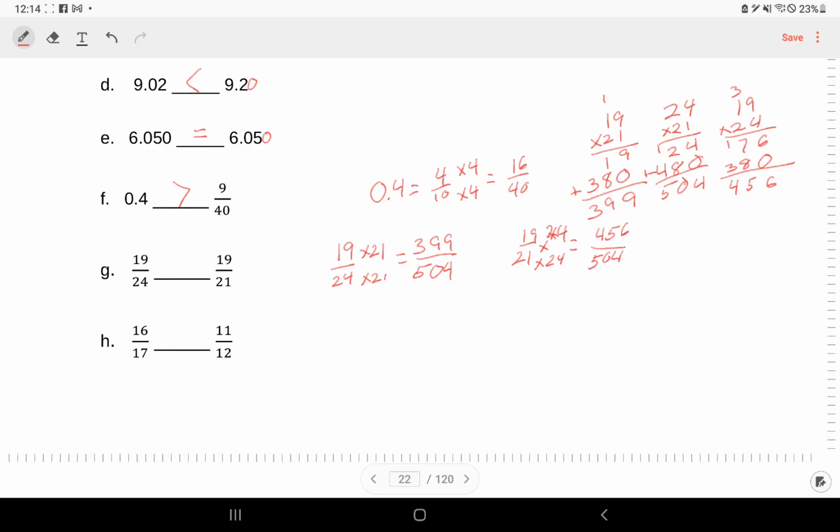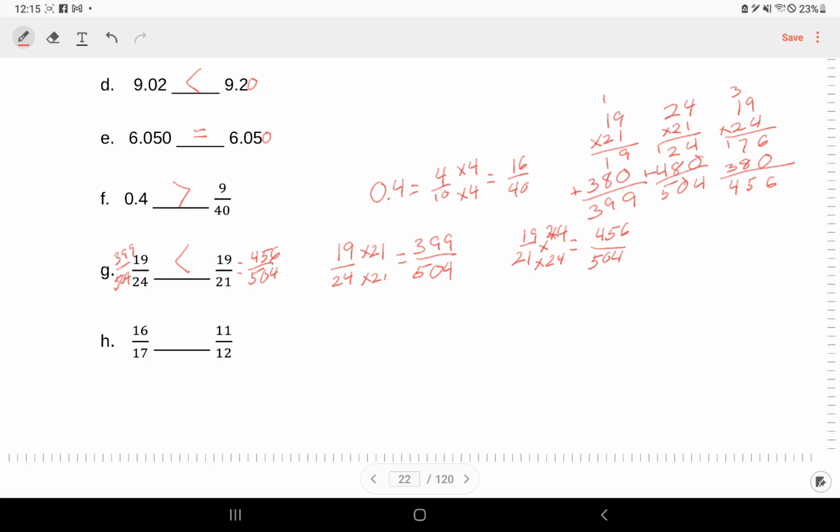So this is 456 over 504. And this one is 399 over 504. Well, since they're both out of 504, 456 is bigger, and so 19 out of 24 is less than 19 over 21.